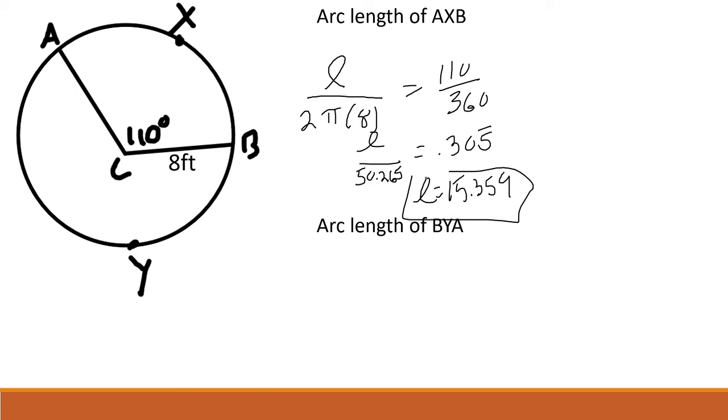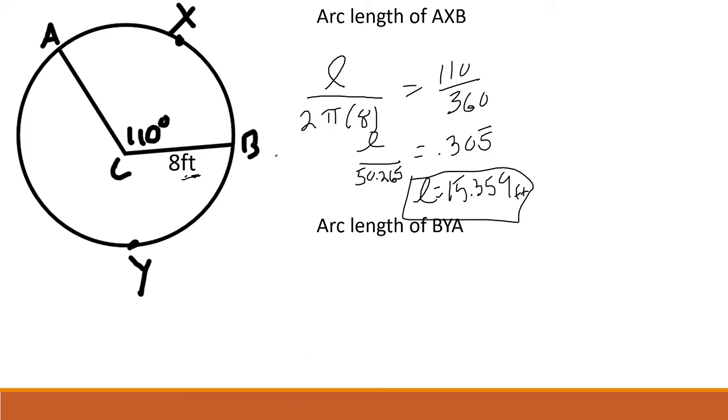And there's my answer. Right, that arc is 15.359 feet, not degrees, but feet across. Which again makes sense because it's a large part of the circle, so it makes up a decent amount of the circle there. It's not quite half because it's not 180, but it's a pretty decent amount, right?